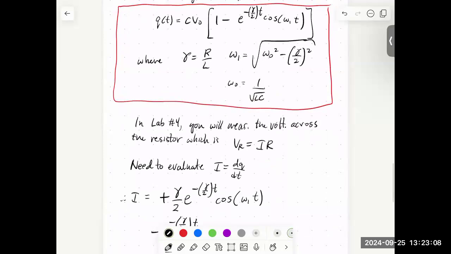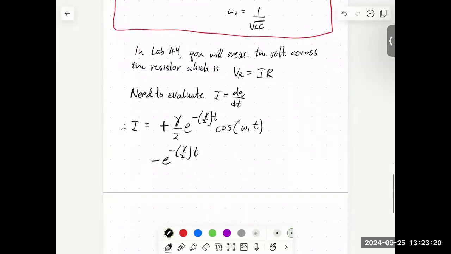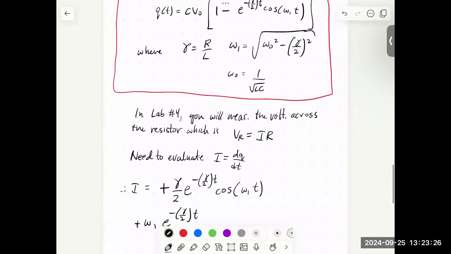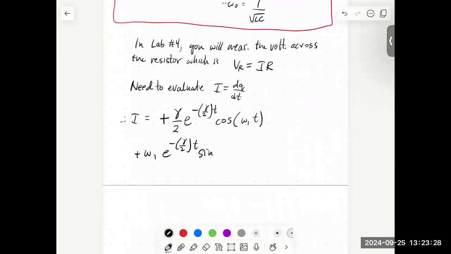And then we have the derivative of the cosine. What's the derivative of the cos? It's going to be minus sine. And we'll get a factor of omega 1 coming out. So we have to change our minus sign to a plus. We get an omega 1. And then the cosine becomes a sine.